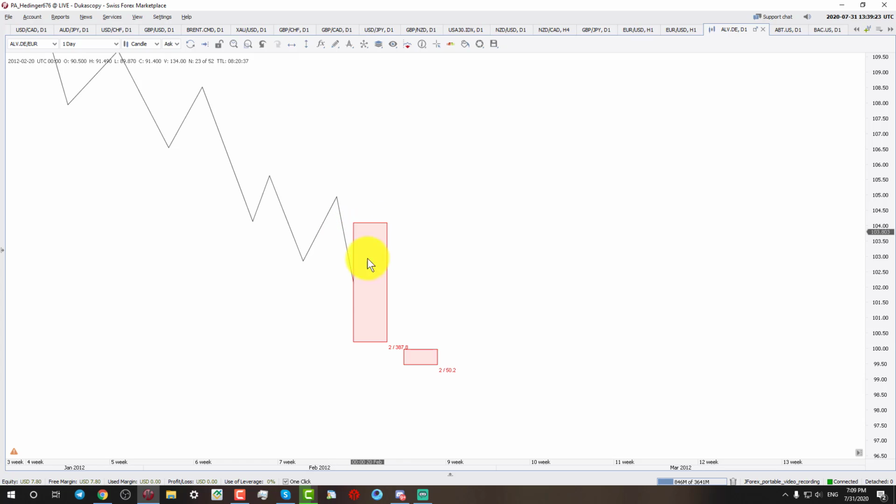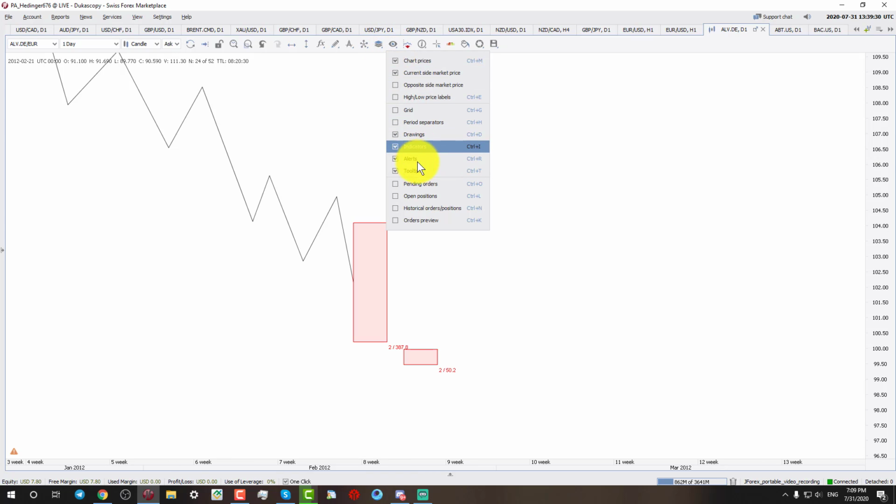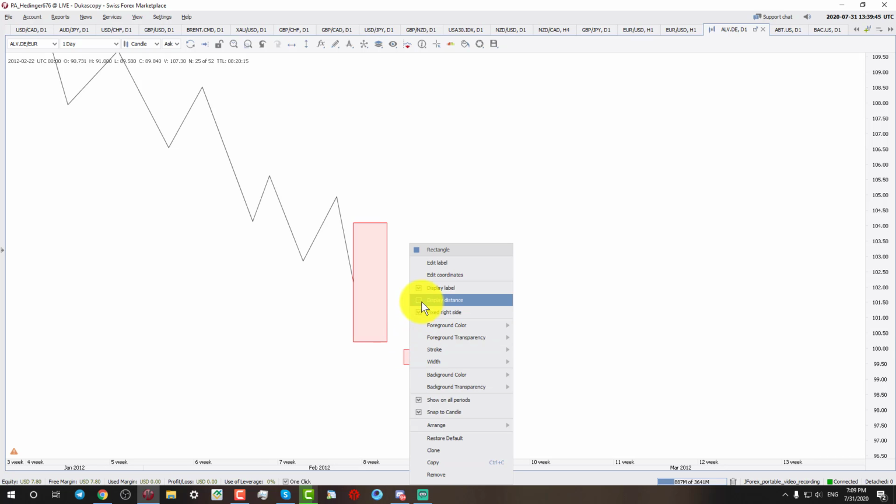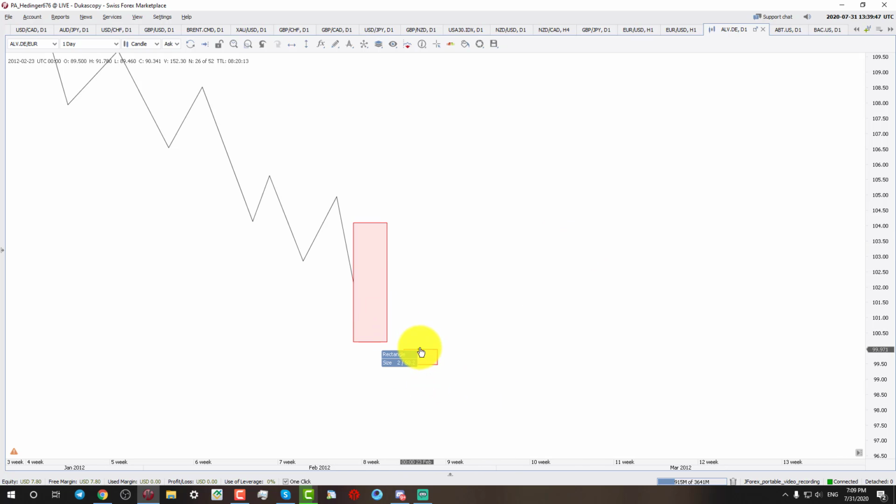That means there was a downtrend, and then there was even a gap down, showing that the sellers were very interested in selling at the market rate, and they sold the market on the following day also with a gap down.